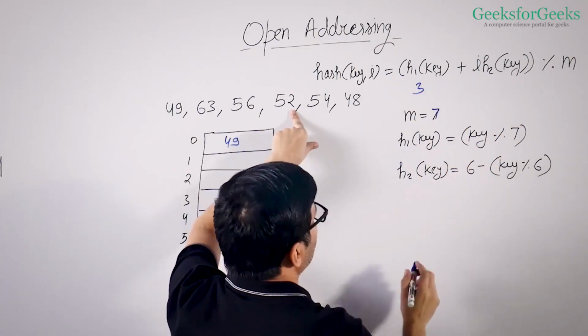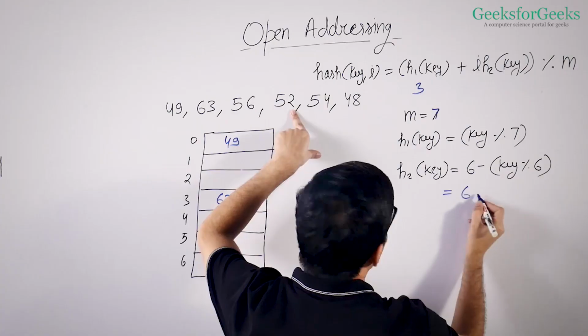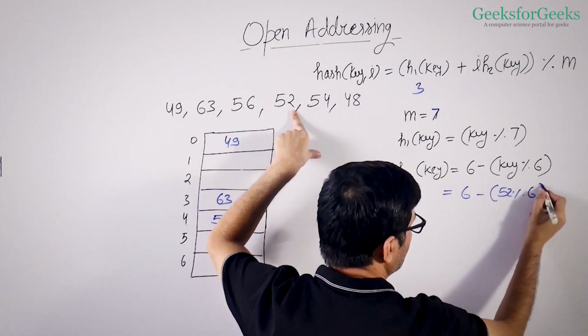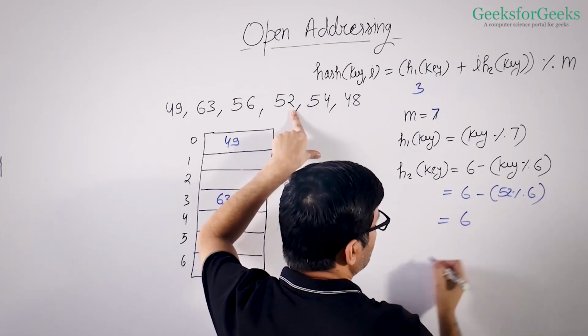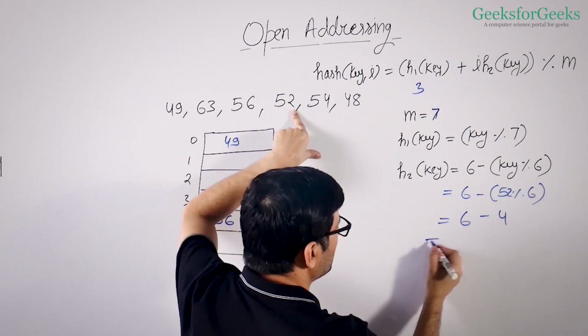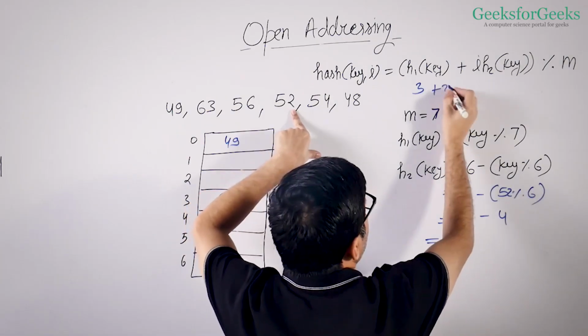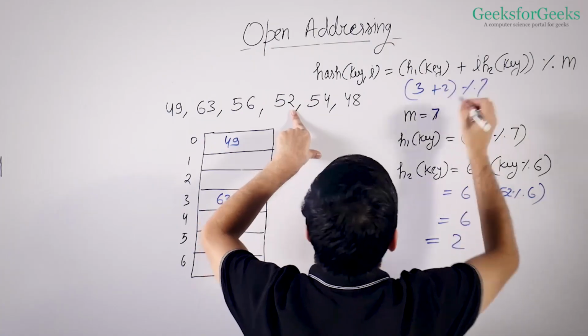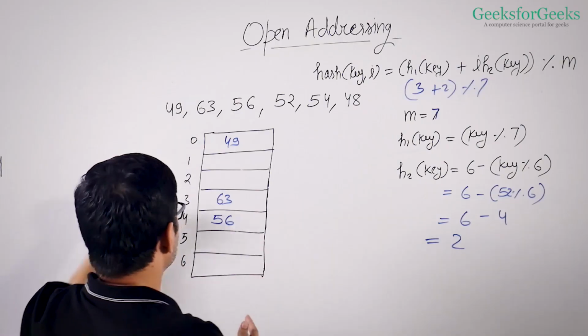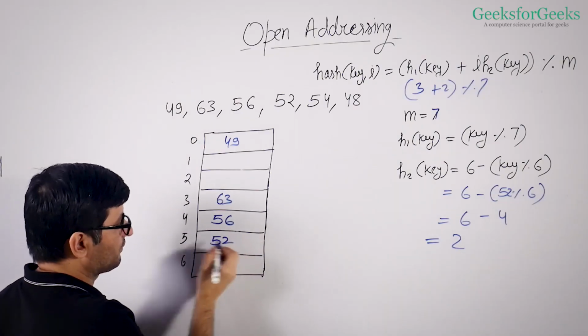You will now compute H2 key. So it will be 6 minus 52 mod 6, which will be 6 minus 4, which will be 2. So it will be 3 plus 2 & 7, which will be 5. So 52 you put at location 5.